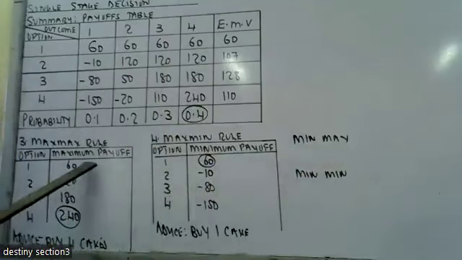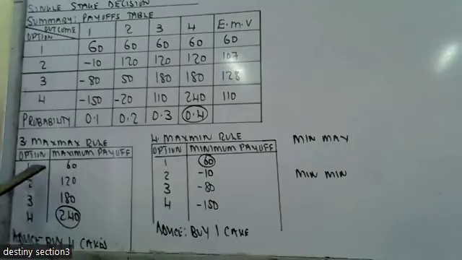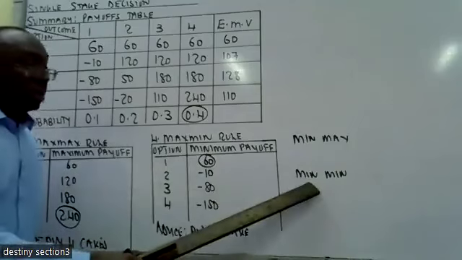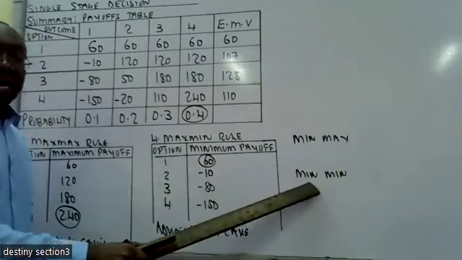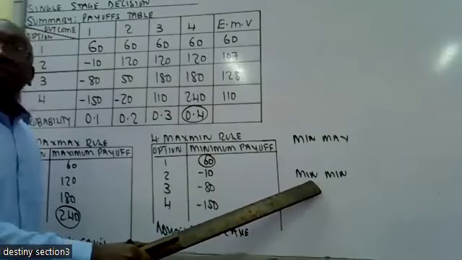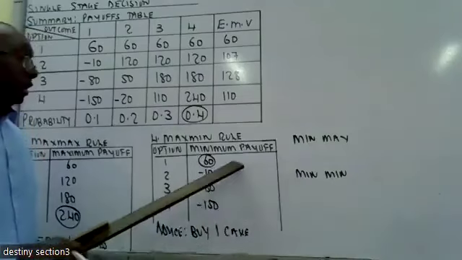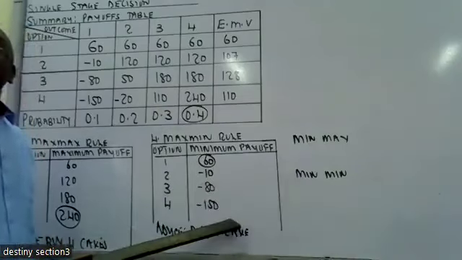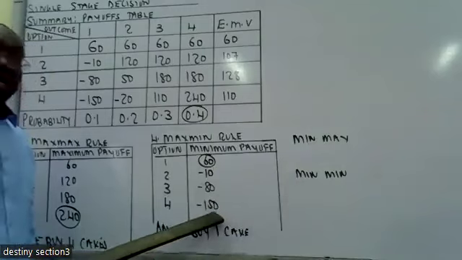So unakuja hapa kwa the maximum. Ukiwa hapa, you pick the minimum. So the minimum is 60. This one says select the minimum of the minimums. So unakuja hapa kwa minimums, you pick the minimums.